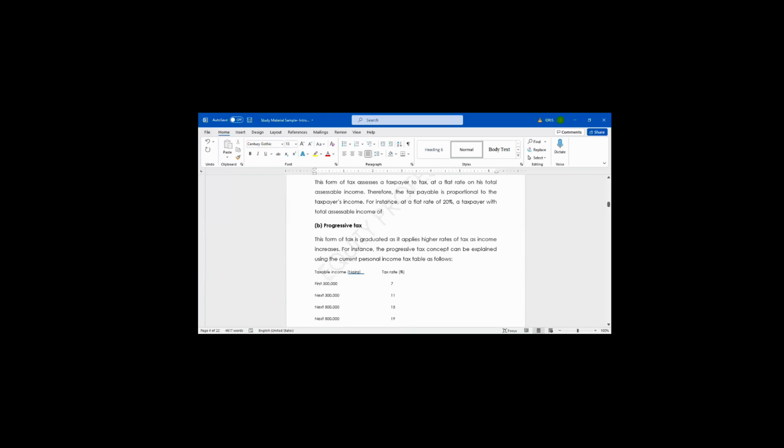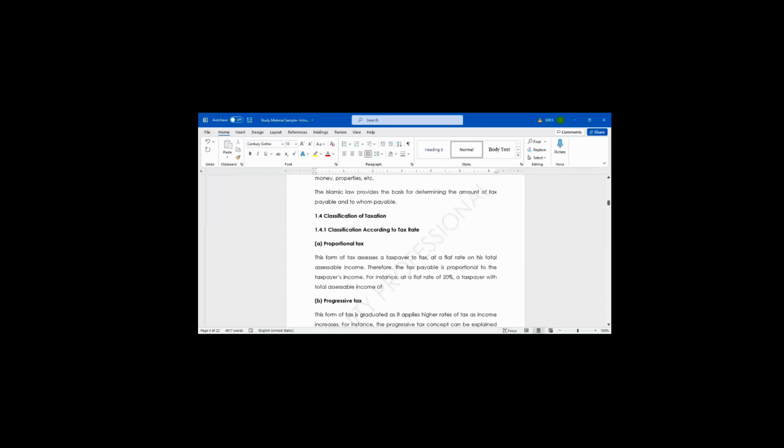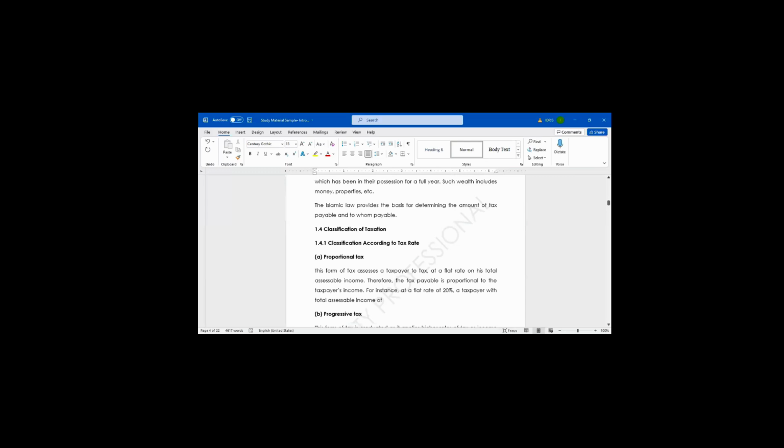Now, let's look at classification of taxation. How do we classify tax?